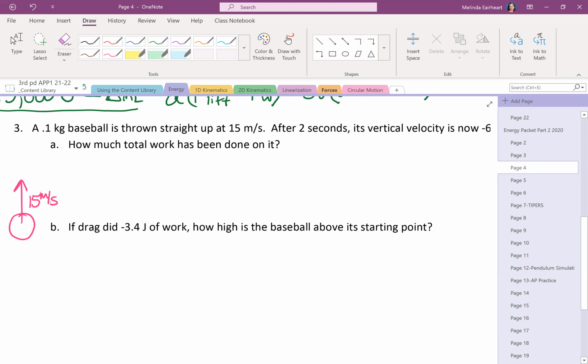So let's kind of review free fall. It's going to go up, up, up, up, up to a split second stop. And then it's going to come down, down, down, down, down. And I'm going to put it right here as -6 meters per second. How do I know it doesn't return to the player's hand or hit the ground below?